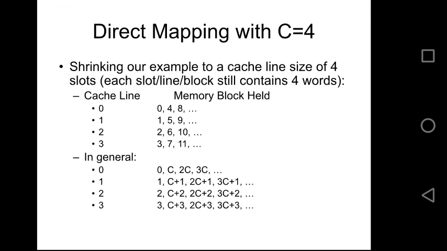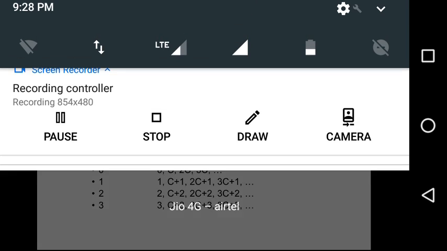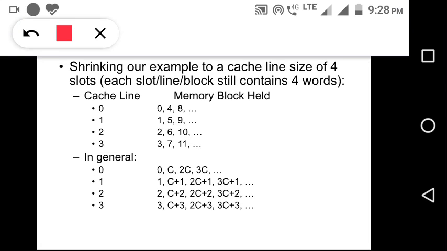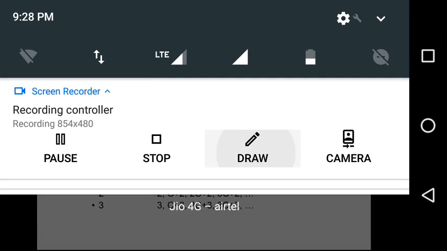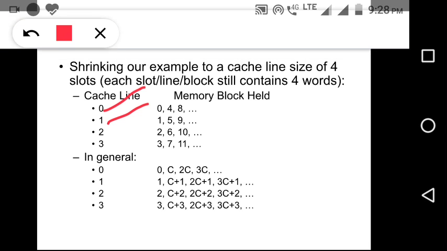Now let's understand a few examples of the direct mapping technique. In direct mapping, shrinking our example to a cache size of 4 slots, the cache contains only 4 blocks: 0, 1, 2, 3.